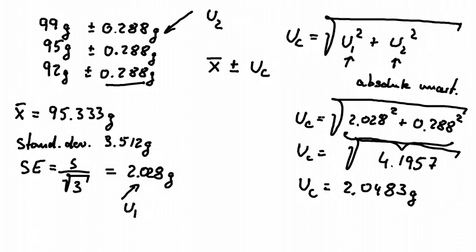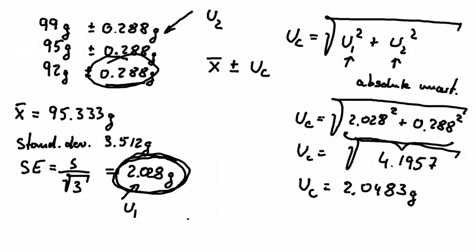And what we see is that our uncertainty is pretty close to the uncertainty from our sample, which means the sample uncertainty has the lion's share in the overall uncertainty, whereas the resolution uncertainty really doesn't play a massive role.